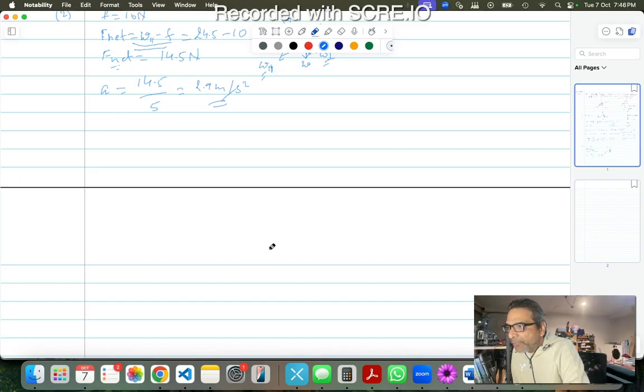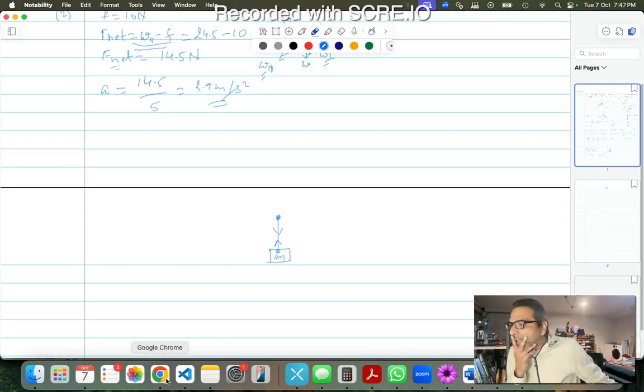For example, if we have the weight of a mass and a rope attached to it, there must be a tension force holding this up.